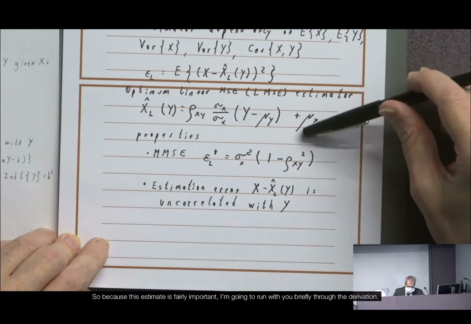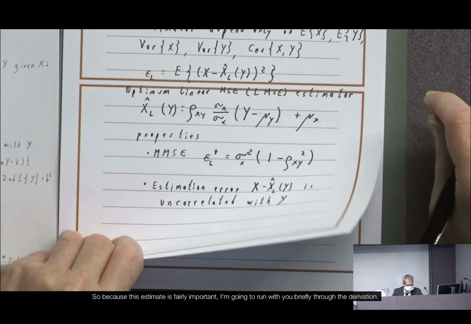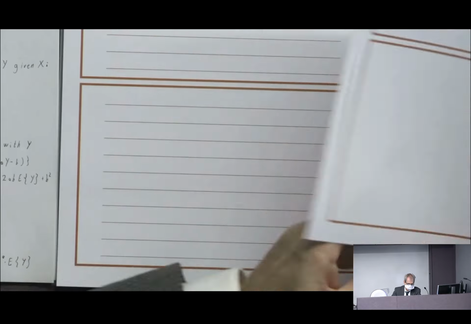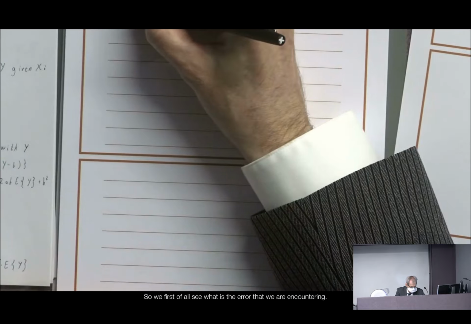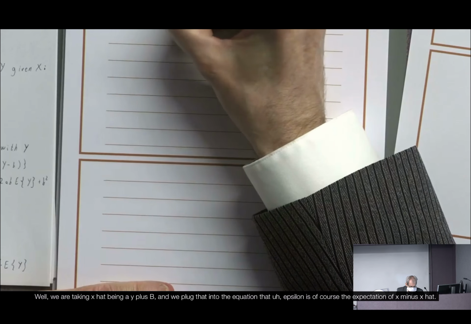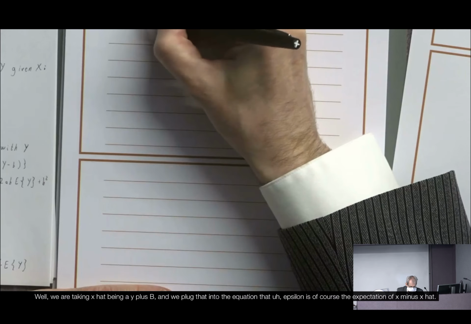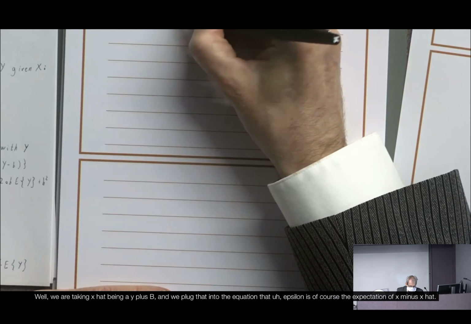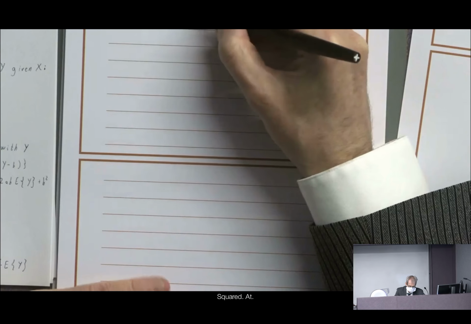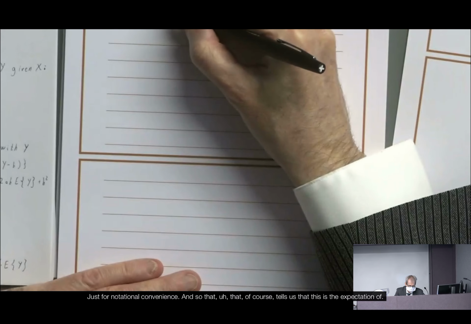So because this estimator is fairly important, I'm going to run with you briefly through the derivation. We first of all say, what is the error that we're encountering? Well, we're taking x hat being ay plus b, and we plug that into the equation that epsilon is, of course, the expectation of x minus x hat squared. I'm dropping the argument y of x hat just for notational convenience.